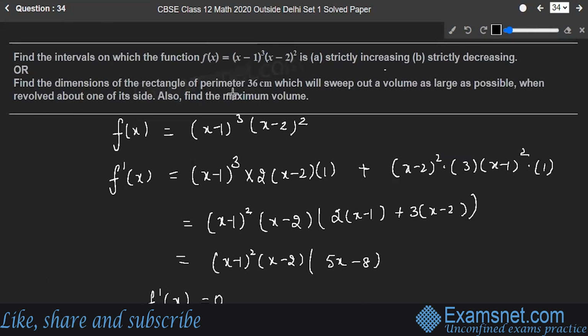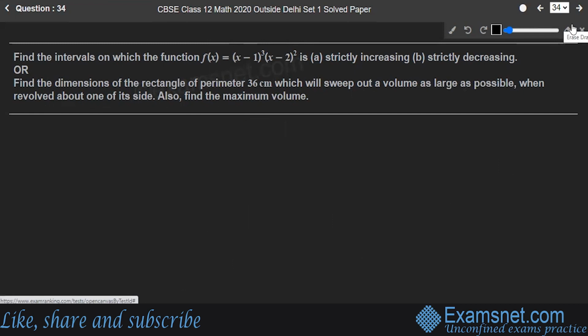Find the dimensions of the rectangle of perimeter 36 centimeters, which will sweep out a volume as large as possible when revolved about one of its sides. Also, you have to find out the maximum volume. Let's go with this one as well. I'll first of all say let length be x and breadth or width y.